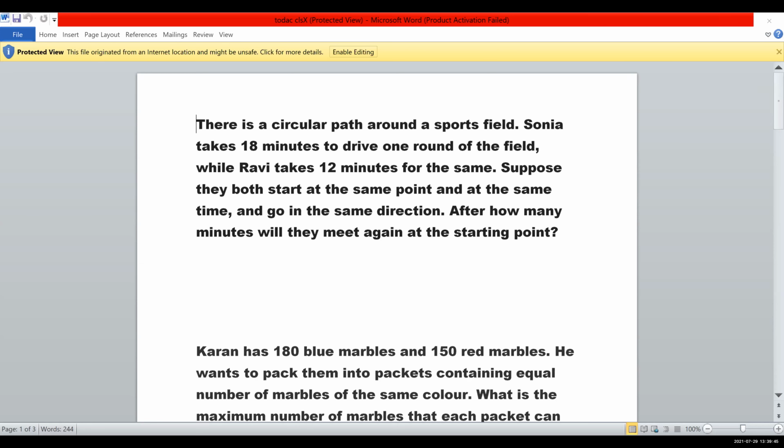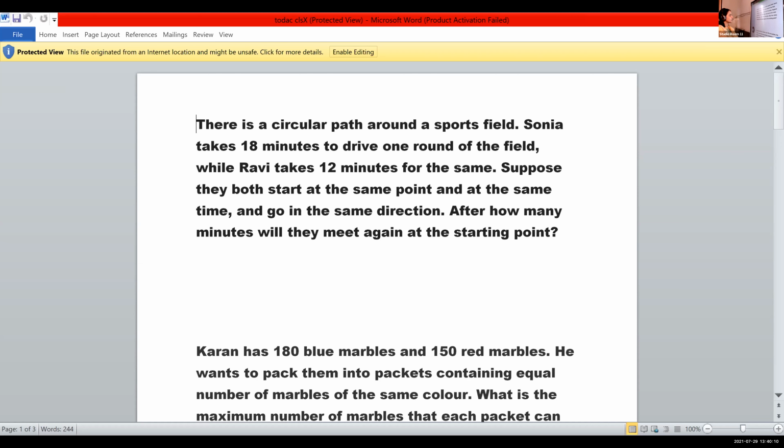Okay. So there is a circular path around a sports field. Sonia takes 18 minutes to drive one round of the field, while Ravi takes 12 minutes for the same. Suppose they both start at the same time and at the same point and go in the same direction.